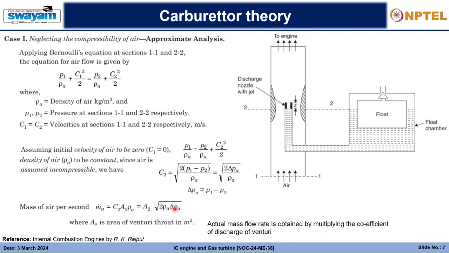Since we are using a venturi, the coefficient of discharge is quite high, around 0.9. If it is an orifice, it is around 0.7, which is quite low. We have to multiply that factor to this in order to get the exact mass of air per second, the mass flow rate.